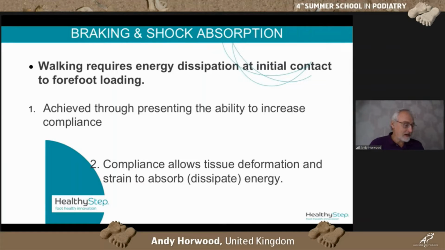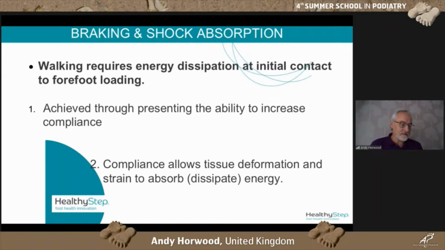Now, in braking, impact energy dissipation is achieved through creating the ability to supply compliance within the lower limb's tissues. For compliant tissues can strain or deform more easily under load. The energy absorbed in that strain can then be released by using it to reform the shape of the tissues when they become unloaded.